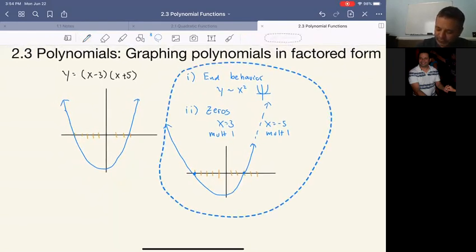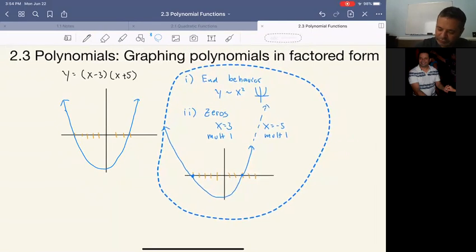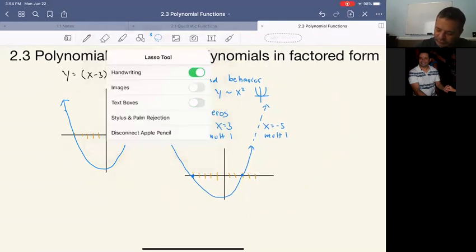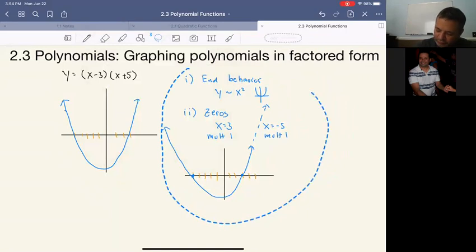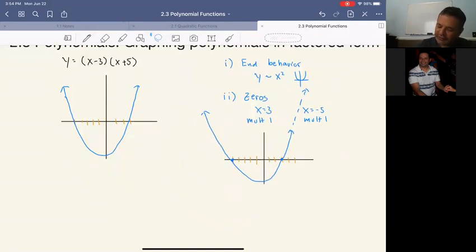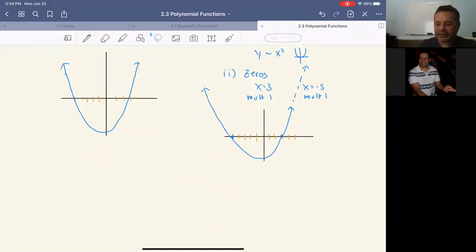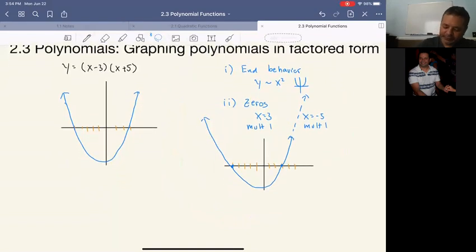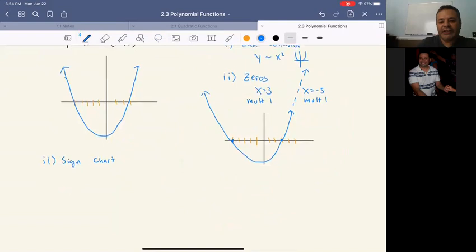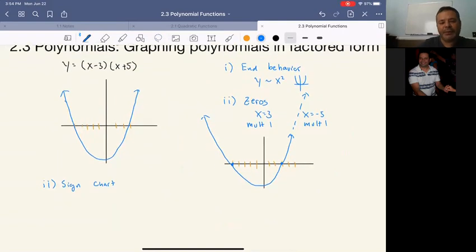The second method is what I call the sign chart. For the sign chart, I take the different pieces.